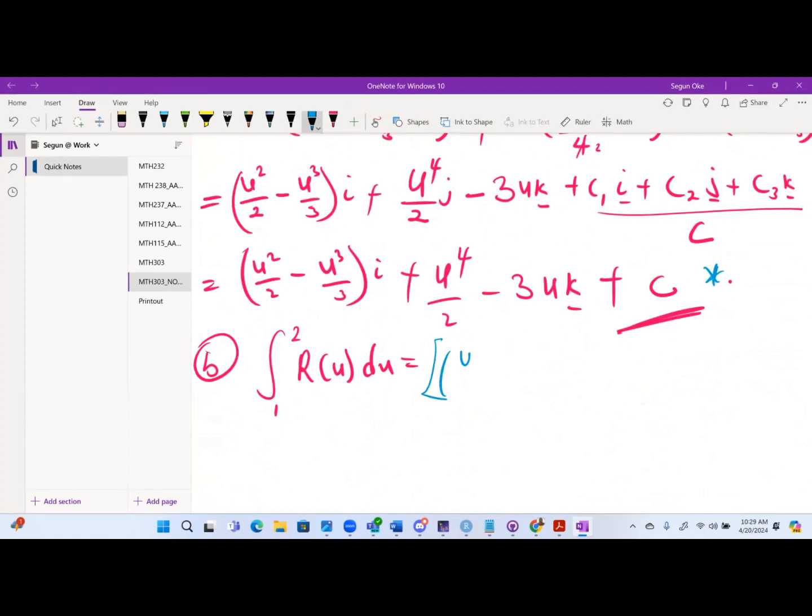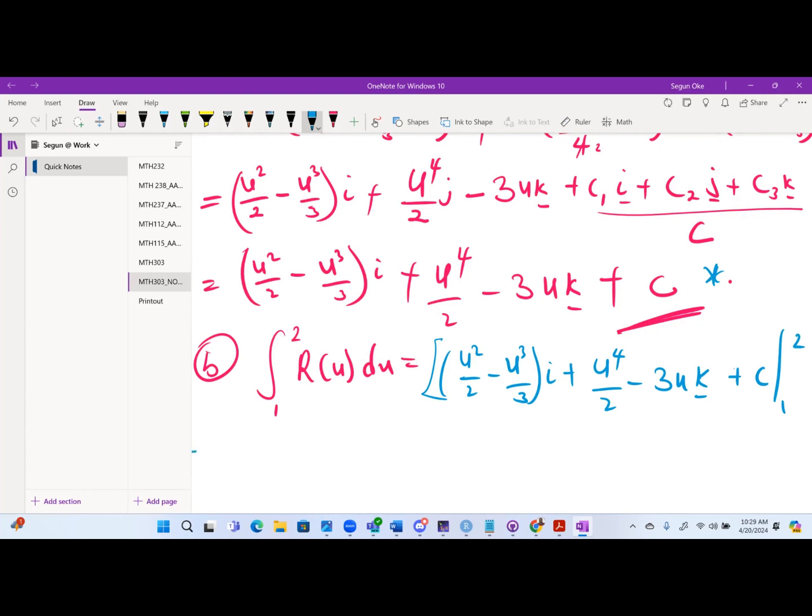It will be u squared over 2 minus u cubed over 3 i plus u to the 4 over 2 j minus 3u k plus c, from 1 to 2. It simply means upper limit minus lower limit.